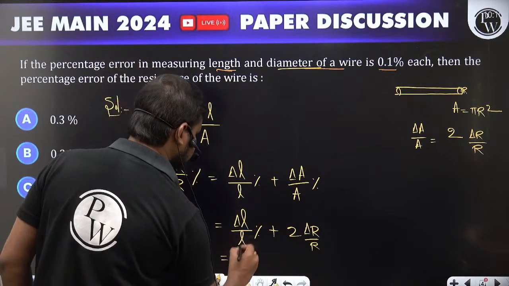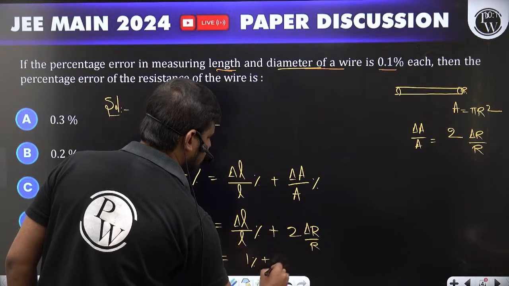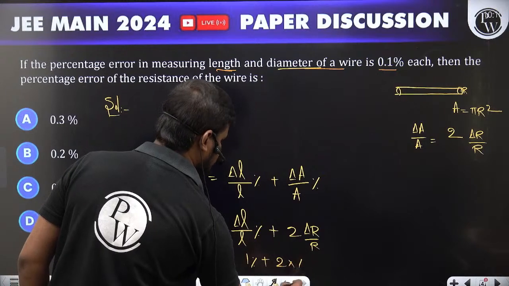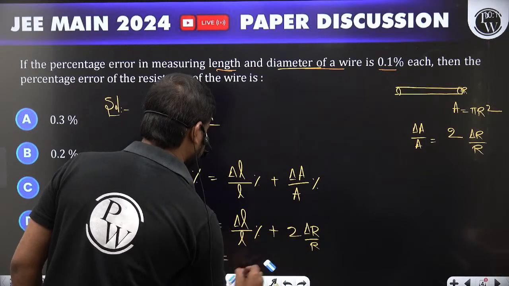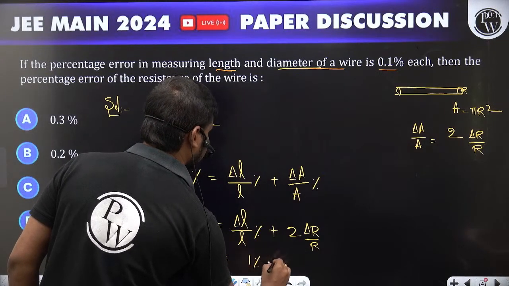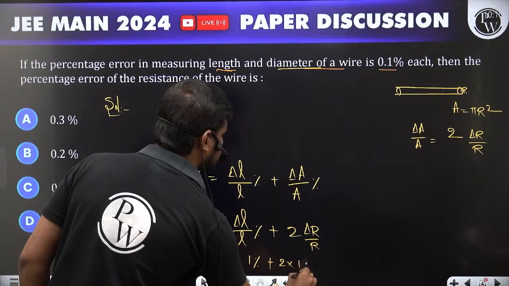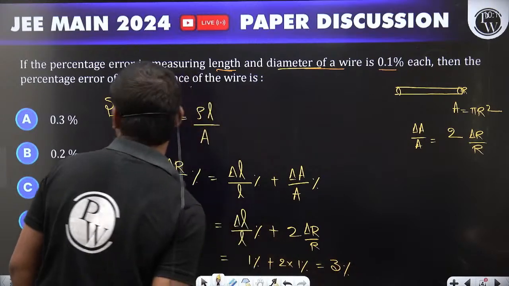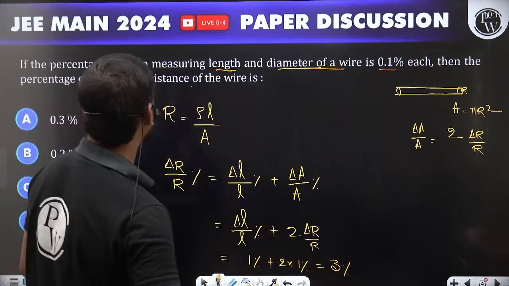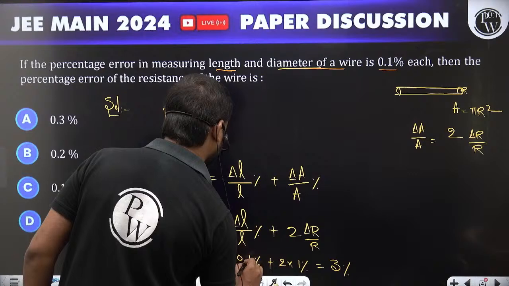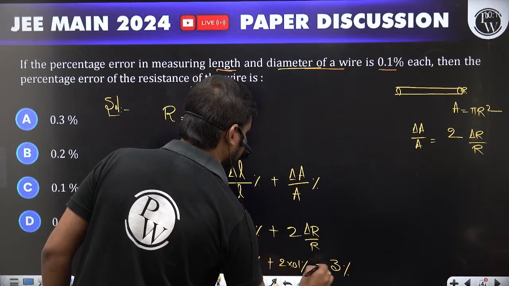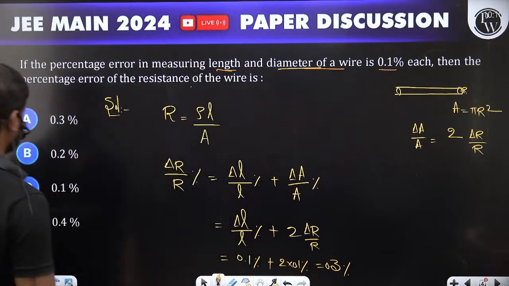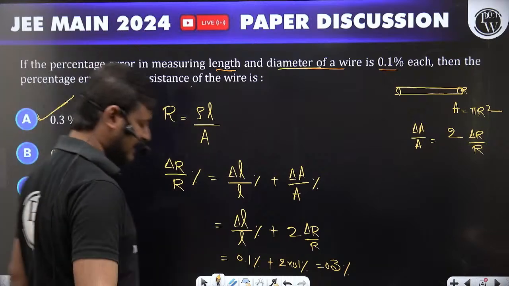So then this is 0.1% plus 2 into 0.1%. So overall 0.1 plus 0.2 becomes 0.3%. So option A is the correct one, guys.